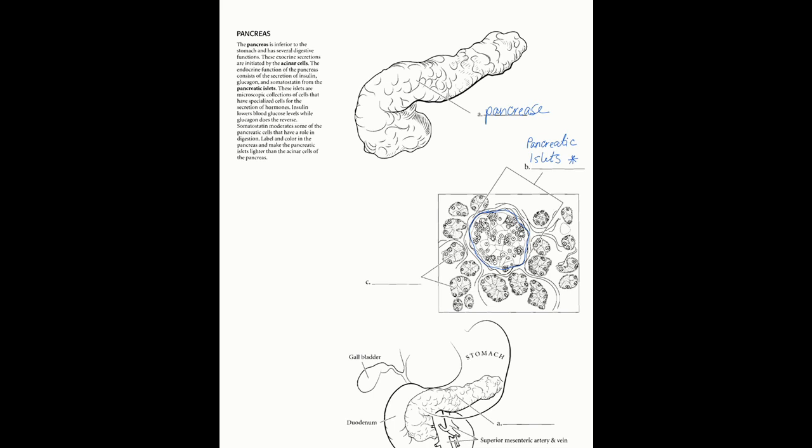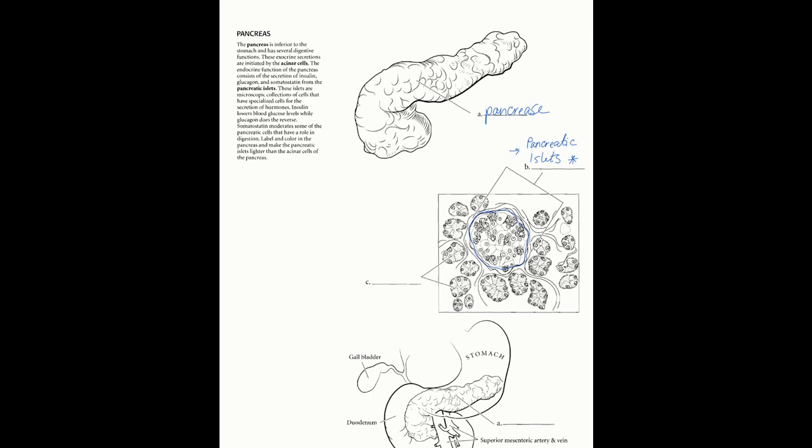But it's important to note the pancreatic islets are going to secrete via endocrine function. So if you think back to our glands from the epithelial section of our diagrams in the tissues unit, endocrine meaning that it's secreting in between the cells.